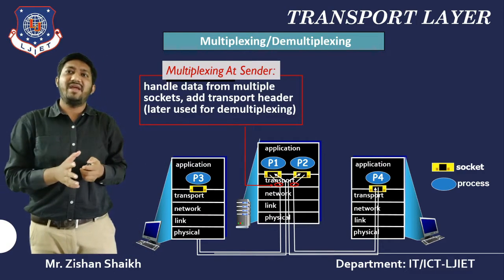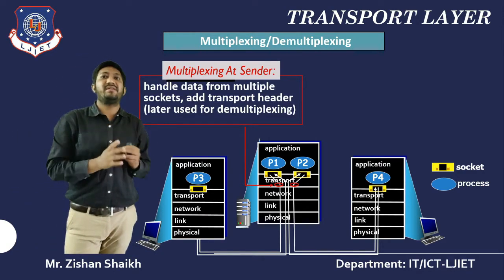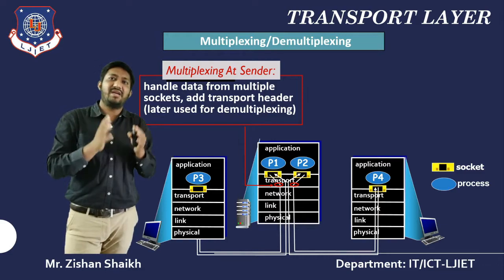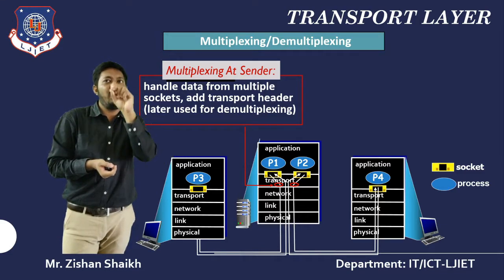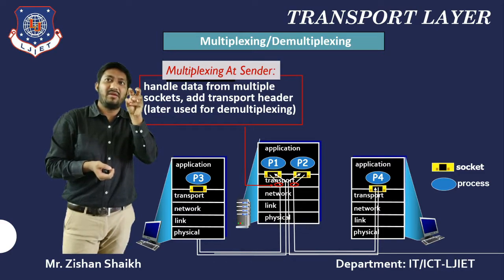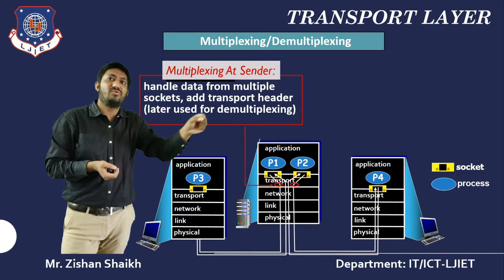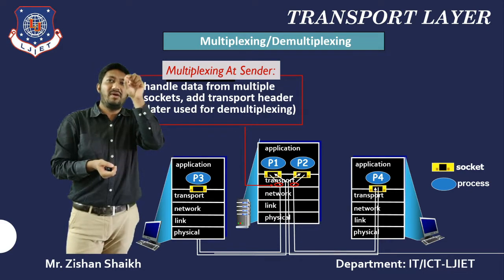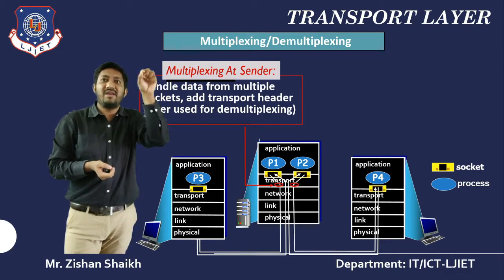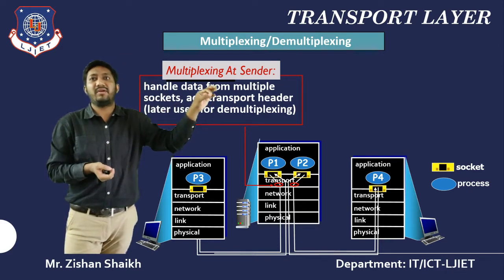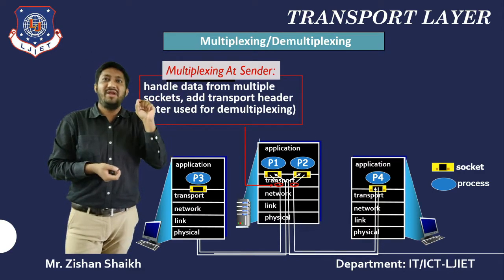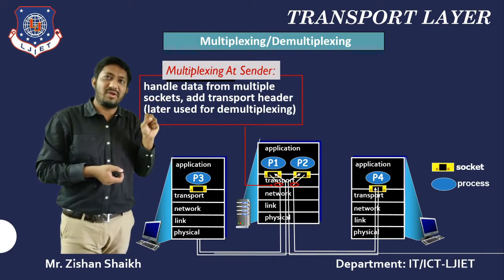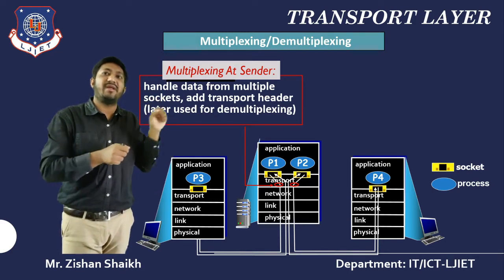Multiplexing happens at the sender side. Here it handles the data from multiple sockets. The keyword here is socket. A socket is like a plug-and-play thing. When your data is transferring from source to destination, there is one common point through which your data goes, and that common point is unique for that particular port number. So it handles the data from multiple sockets and adds a transport layer header.